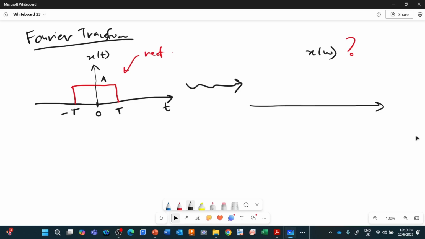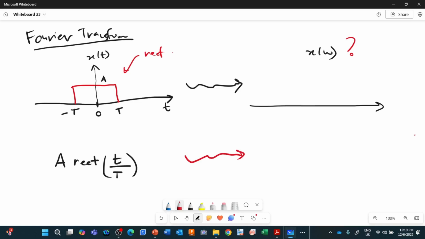Tau is basically capital T. So the equation is A rect(t over tau). From today onwards, capital T is called tau. If not, I need to say small t over capital T, so it's kind of confusing.